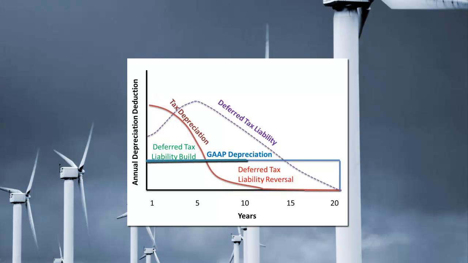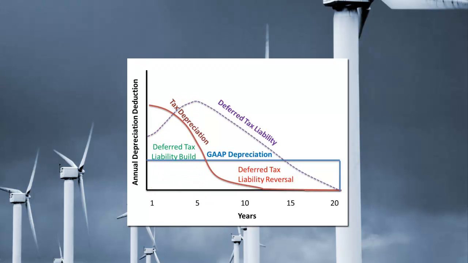However, for accounting purposes, the wind turbines are still amortized over their economic lives, which is often 20 years or more. So you get the tax benefit up front in cash terms. However, there's an offsetting deferred tax liability that needs to be accounted for.